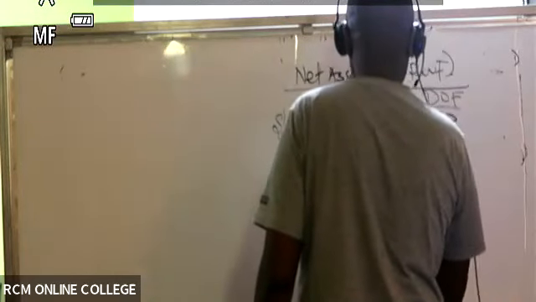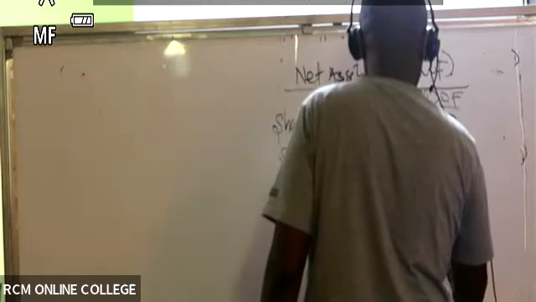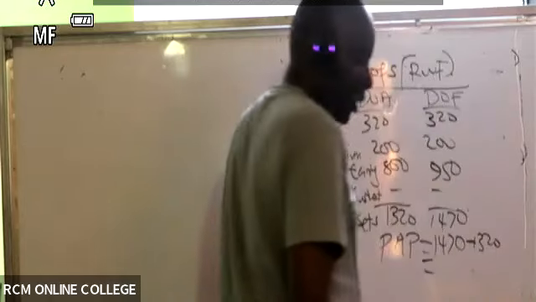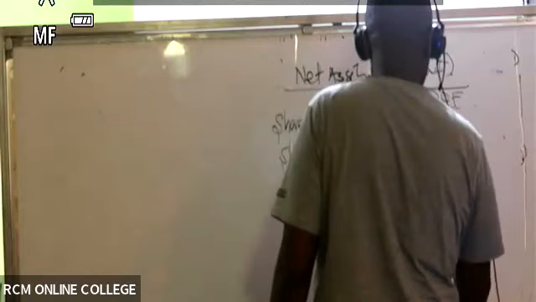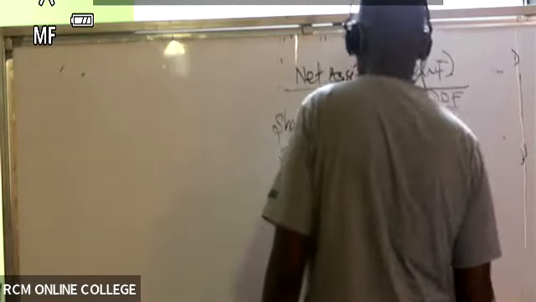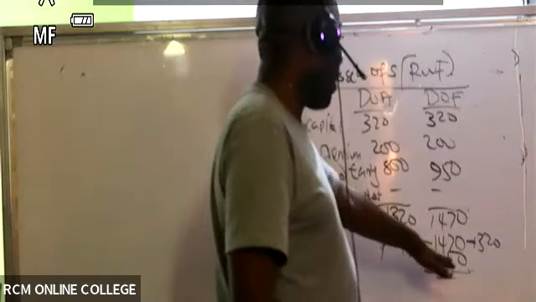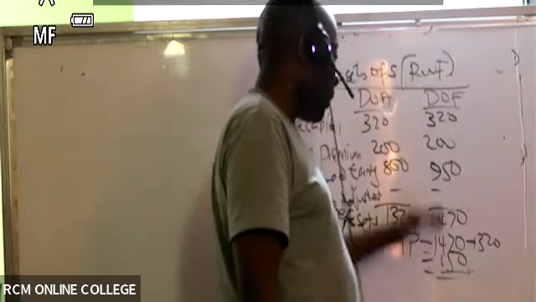So please give me the PAP. The PAP will be 1470 minus 1320, which gives 150. This is so interesting to me. If I'm doing a foreign subsidiary, don't apportion this here. You'll apportion it later. If you don't want it to confuse you, don't apportion it there.